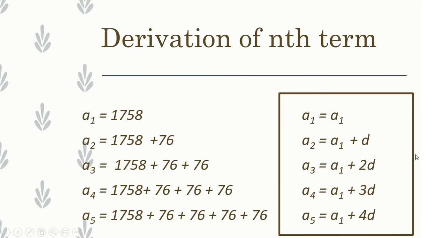In this set of equations, the value of the coefficient of the common difference is always 1 less than n.